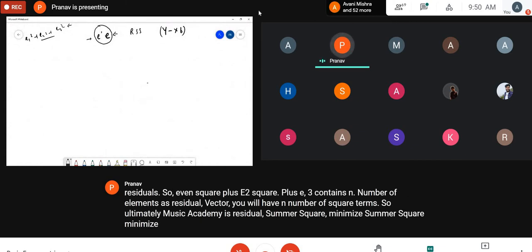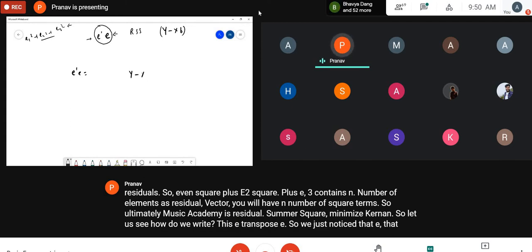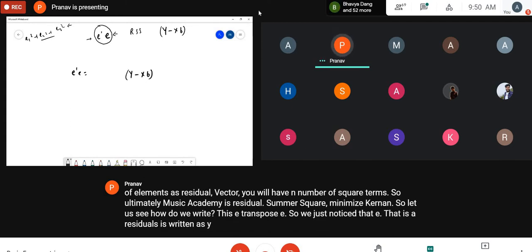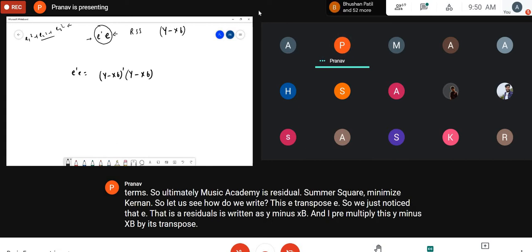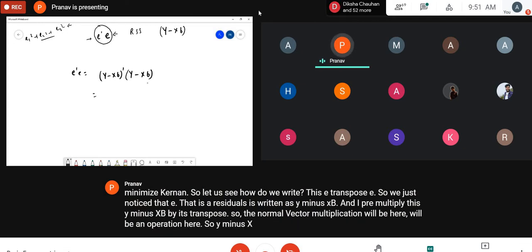So let us see how we write this E transpose E. We notice that E, that is your residuals, is written as y minus xb, and I pre-multiply this y minus xb by its transpose. So the normal vector multiplication will be in operation here: transpose of (y minus xb) multiplied by (y minus xb).